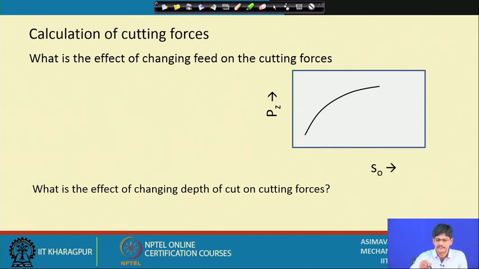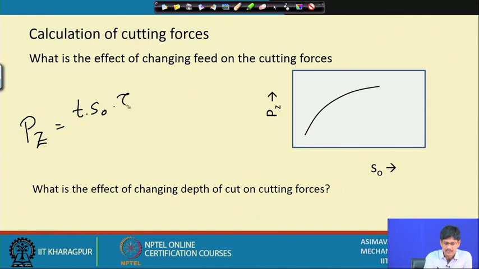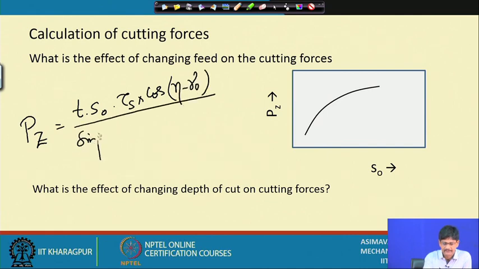The expression of P z tells us P z is equal to T into S O into tau S into cos eta minus gamma O divided by sin beta into cos beta plus eta minus gamma O, etc.